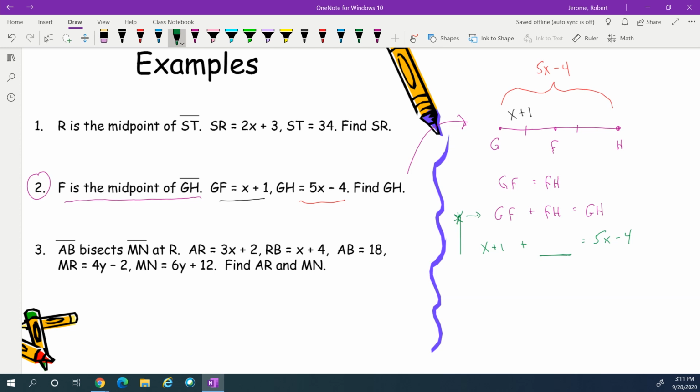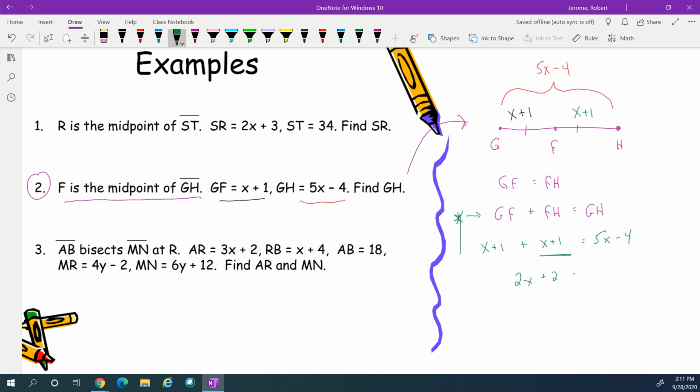So if GF is x plus 1, FH is also x plus 1. That's what we're going to put there. So we're using our knowledge of midpoint and bisect to say, if you gave me this one, now I know that one. Algebraically, what we're going to do here is add the two little ones to get the big one. So segment addition.